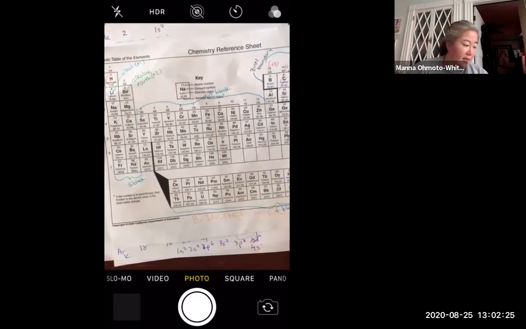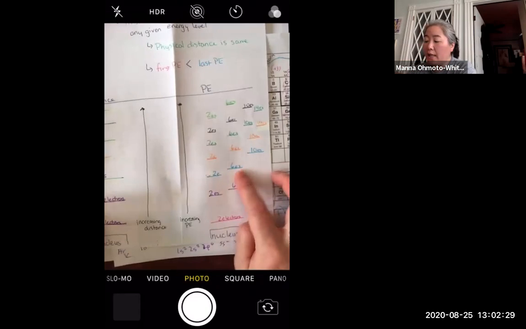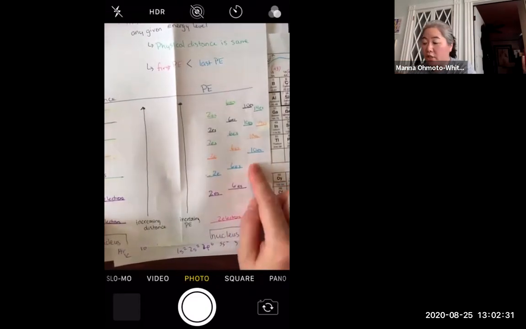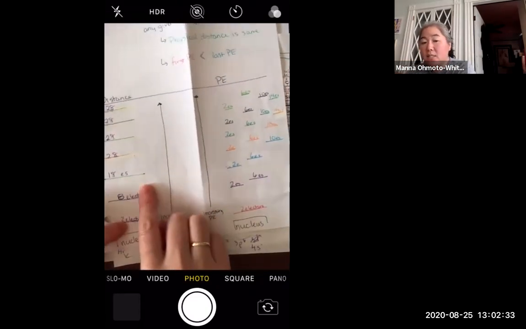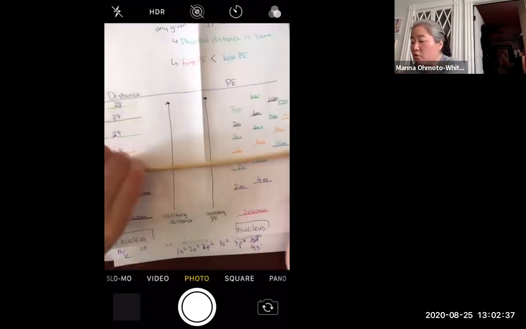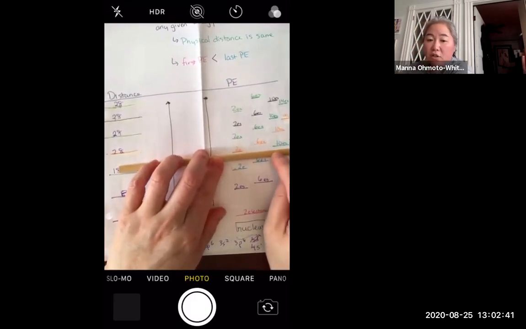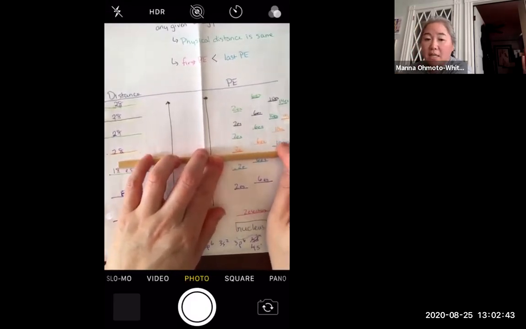If we go back and remember that as I start to cram more electrons into an energy level, even though they're the same distance away, the potential energy gets higher, we'll remember that these 10 electrons right here actually have a higher potential energy than the 2 electrons in the fourth energy level.